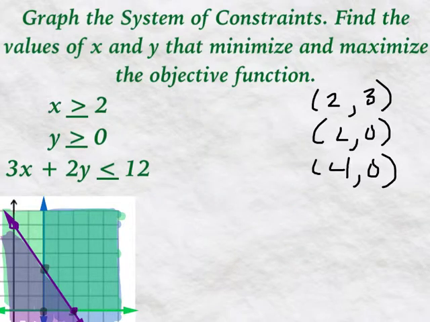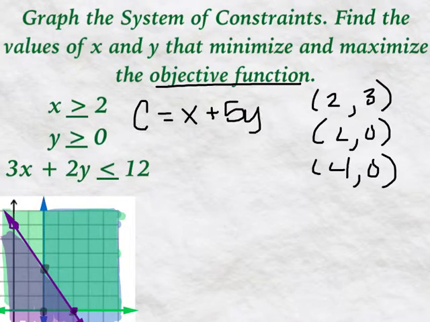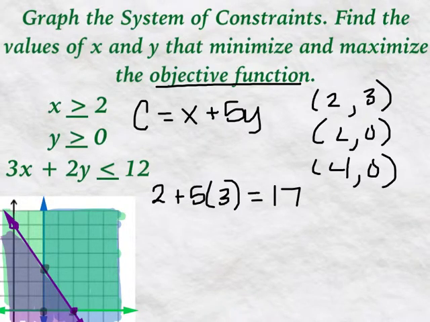Now I just realized I forgot to write down the objective function. The objective function here is C equals x plus 5y. So we need to see what minimizes and maximizes that by plugging in. So I'll start with (2, 3). 2 plus 5 times 3, that's 2 plus 15, that equals 17.